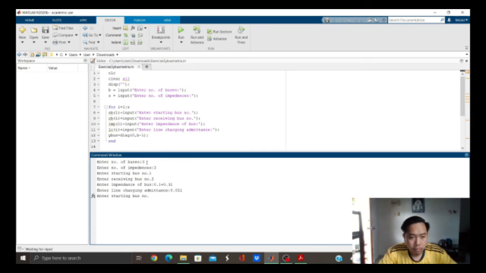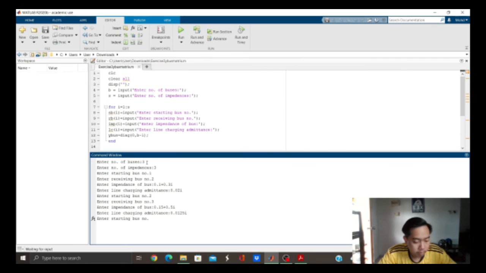Now we enter the starting bus number 2 and the receiving bus 3. Now we enter the impedance of the bus: 0.15 plus 0.5i. Enter the line charging admittance: 0.0125i.